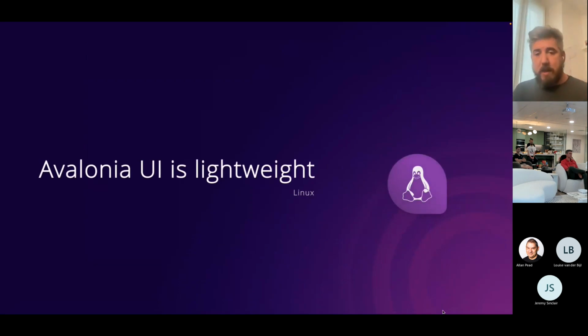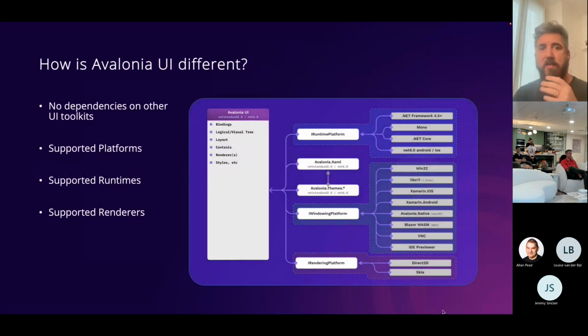And then on Linux, so Linux is one of our most popular platforms. Tends to be less desktop and more embedded. And the reason for that is, if we look over here, our dependency for Linux, we just need X11.